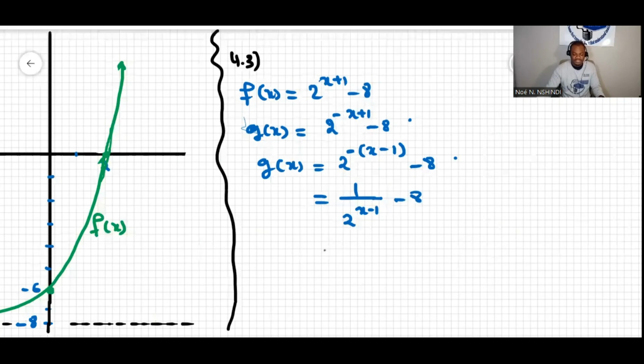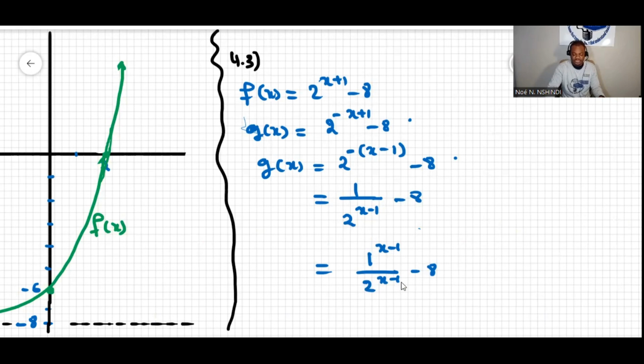Someone else can still write it like this. When you have 1 there, this can be written as 1 over 2 to the power of x minus 1, because 1 can be raised to any power. 1 is like 1 to the power of x minus 1 also. Let me explain this part. We can write 1 to the x minus 1 over 2 to the x minus 1, minus 8, which is the same as the previous line.